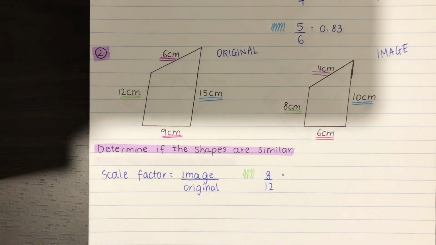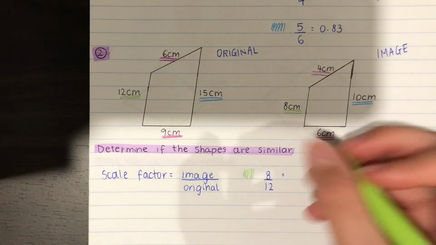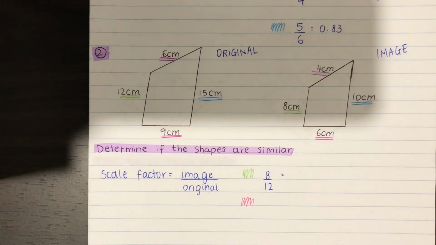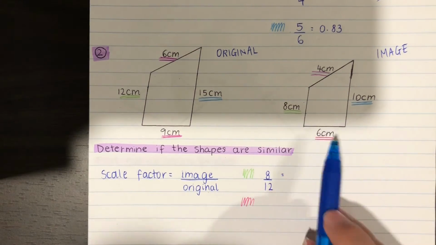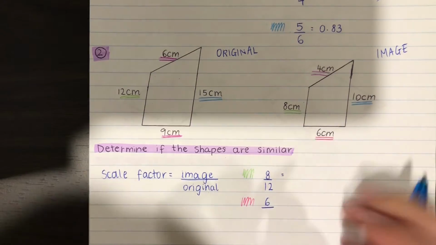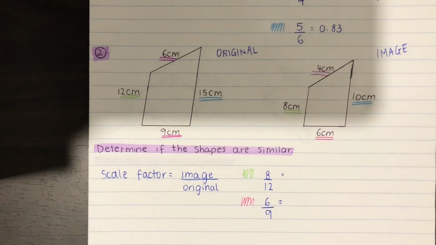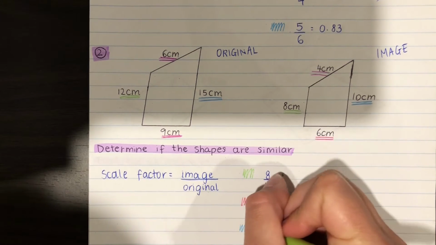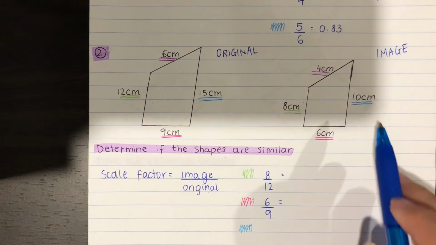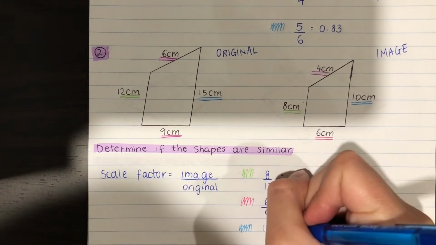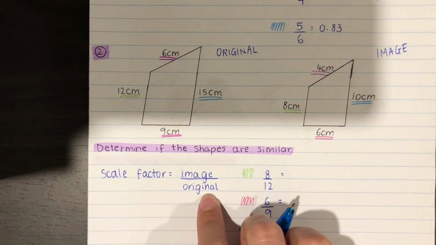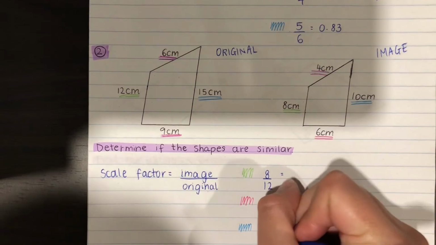Then we have pink. Image is 6 divided by original, which is 9. Then we'll do blue. Image is 10 divided by original, which is 15.